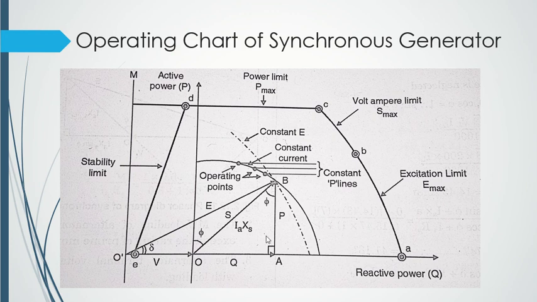And what will be the radius? See, radius will be OB, right? Radius will be OB. So because of this, there can be many different operating points on this arc. You can see multiple operating points are illustrated here, right?